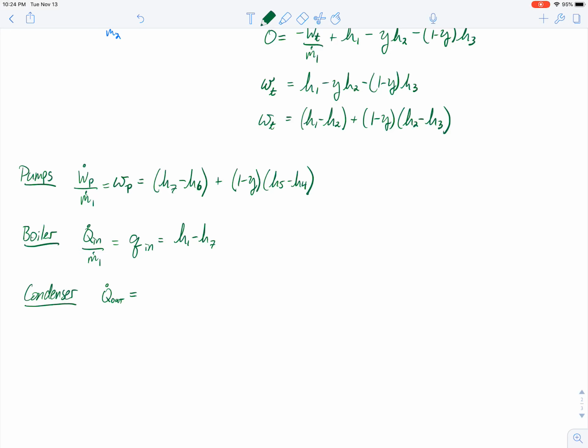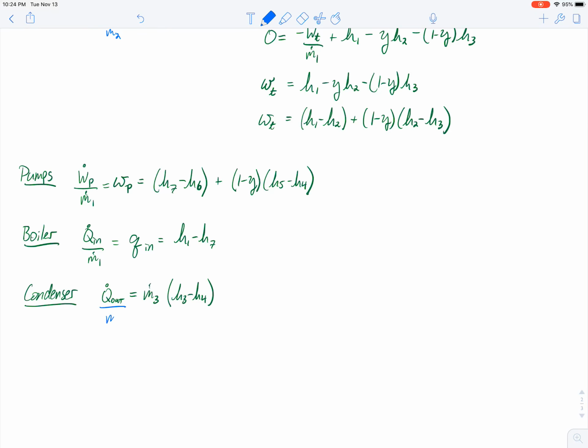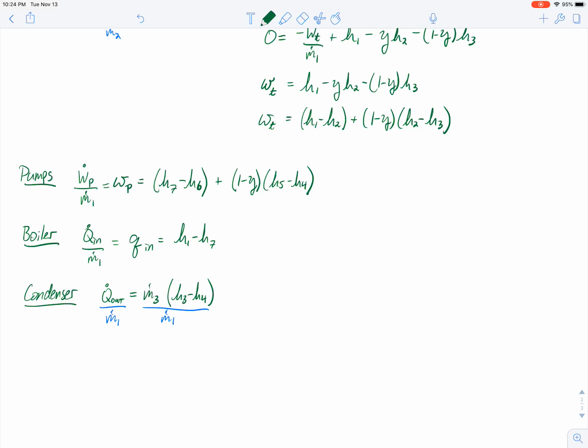We'll have m3 times (h3 minus h4). Okay, again, I want to write this in terms of the total mass flow rate. So what I do is I divide both sides by the total mass flow rate. Algebraically, no problem with doing that. And then this becomes my definition of specific heat transfer. And then here I have m3 over m1, which is my definition of 1 minus y.